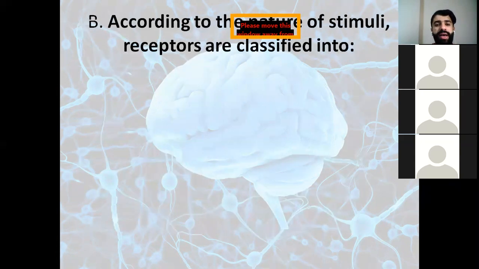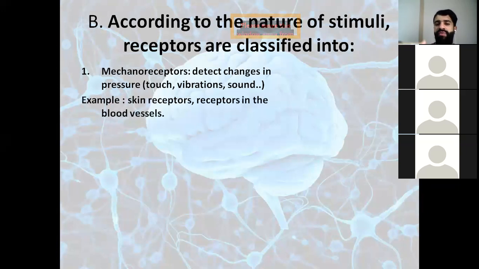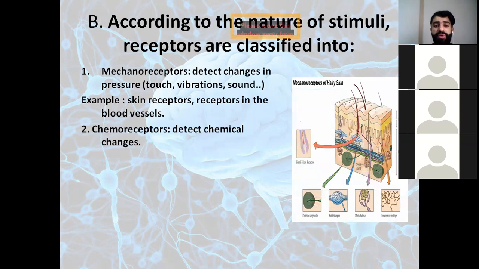While according to their nature, receptors are classified as mechanoreceptors, that detect changes according to mechanical stimuli: touching, vibrations, or sound. For example, the skin receptors or the receptors in the blood vessels. Also, we have the chemoreceptors.